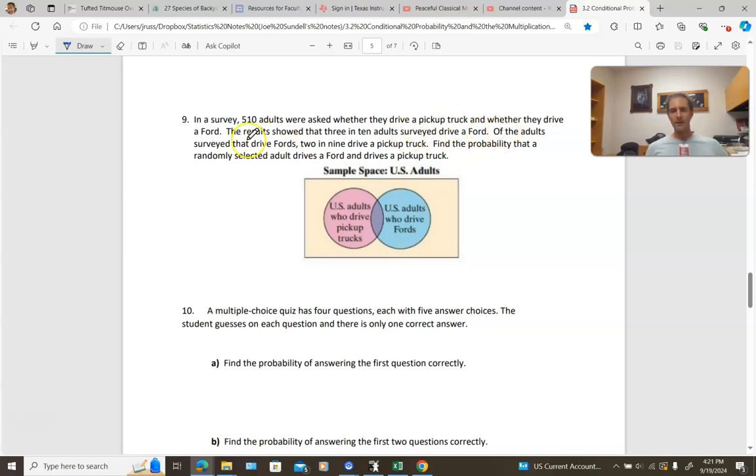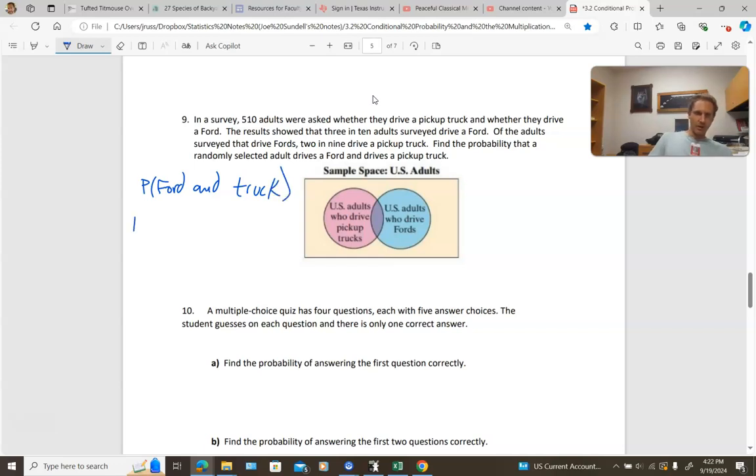And then of the adults surveyed that are driving Fords, 2 in 9 of those drive a pickup truck. And so what we want to do is find the probability that a randomly selected adult drives a Ford and drives a pickup truck. Okay, so I'm going to denote this probability. They drive a Ford and I'm just going to put truck, okay, for pickup truck.